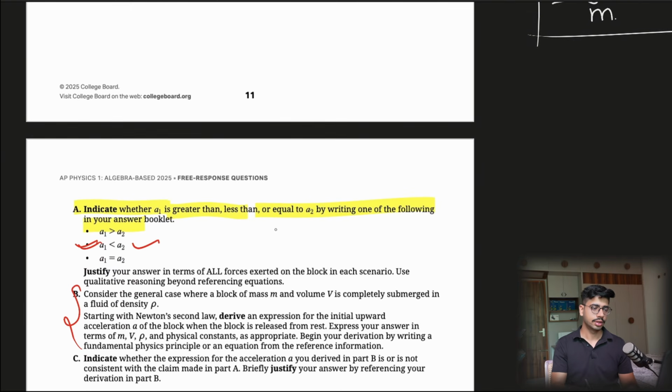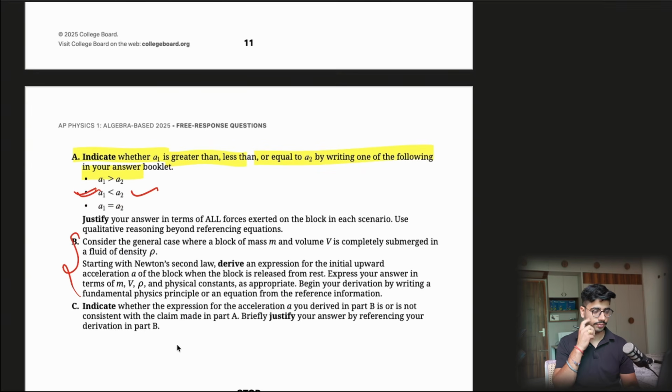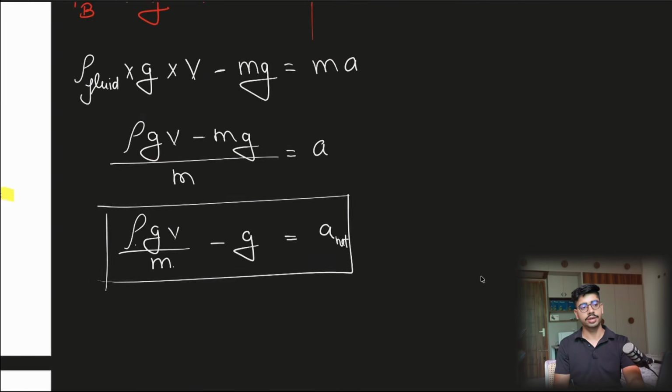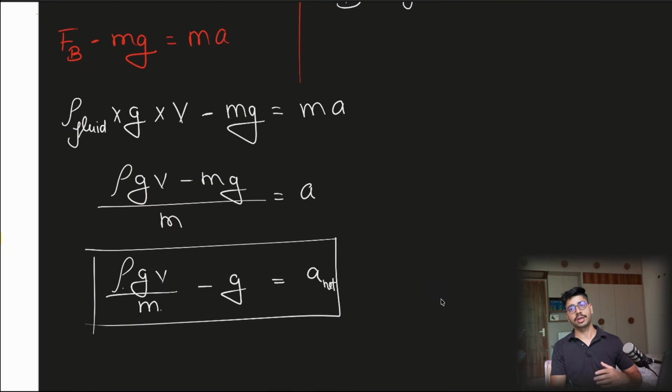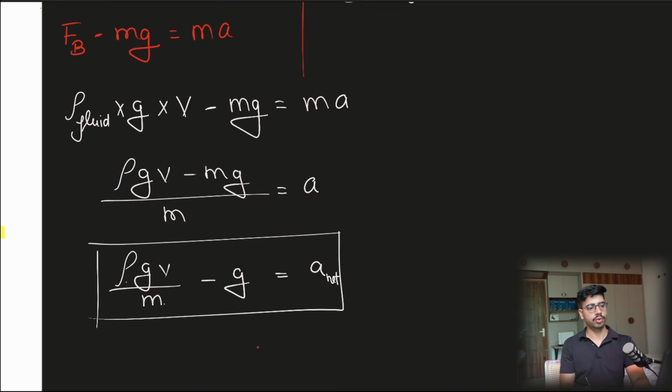Now, in the third case, they ask whether the acceleration you derived in part B just now is consistent with the claim. It is consistent or not consistent, that is what they are asking. We predicted in the first part of the question that if you have salt water, the density is more, which results in more acceleration upward, so the block is going to accelerate with more acceleration.